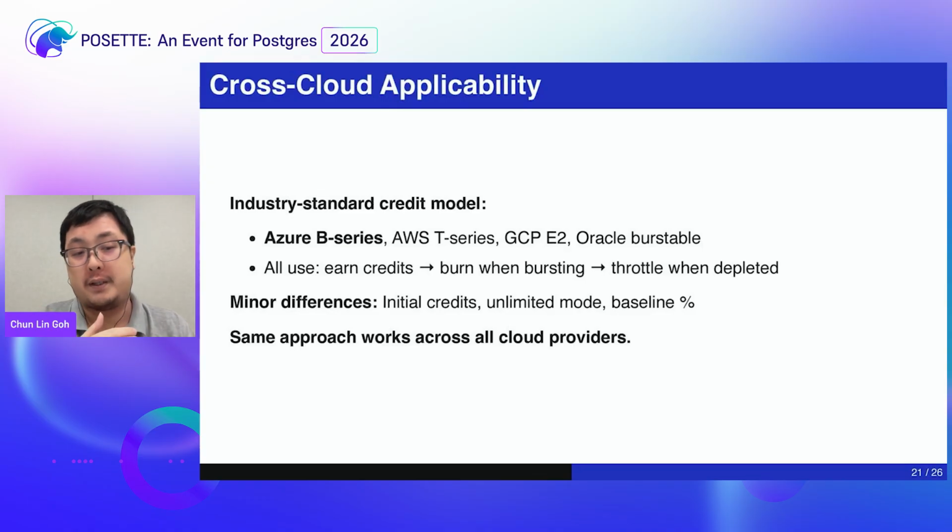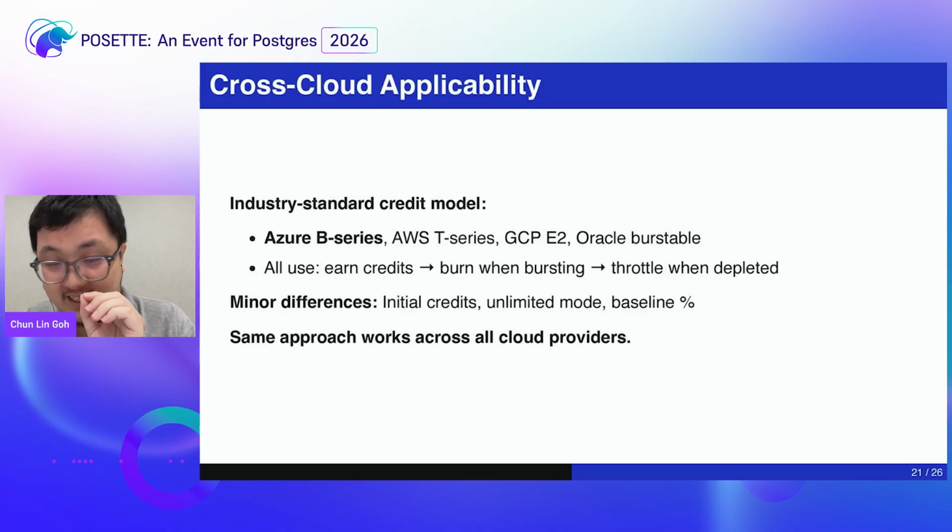And of course, the baseline percentage is different between different cloud providers. But anyway, the fundamental math and principle all stay the same, because the same approach works across all cloud providers as long as they are using the token bucket algorithm.